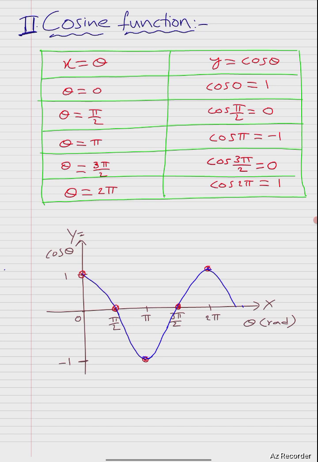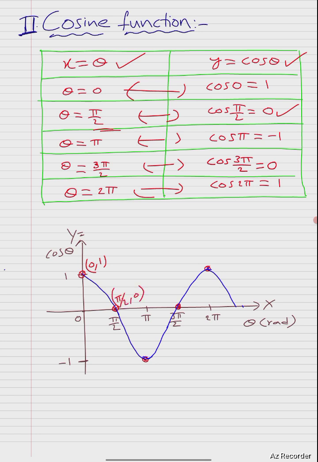Next, look at the cosine function. Do the same thing: take the angle on the x-axis, the cos value on the y-axis, and plot a graph for these corresponding coordinates. Here also, the first coordinate has x value 0, and cos of 0 is 1, so 0 comma 1. The second angle is pi by 2. For pi by 2, the cos value is 0, so pi by 2 comma 0.